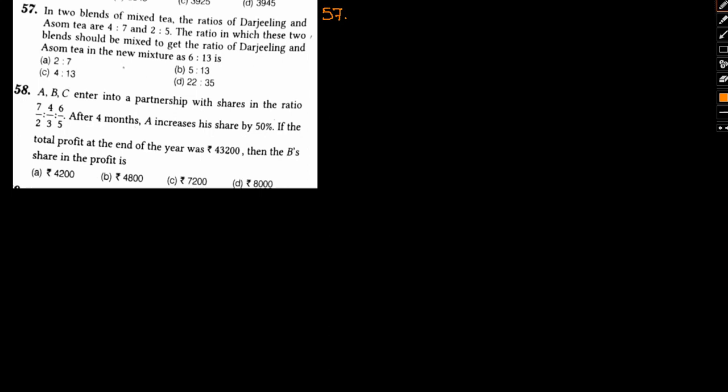Let this be A type tea, and this is B type tea. So these are the two types of tea. Here, in the first, Darjeeling is 4 and Assam is 7.